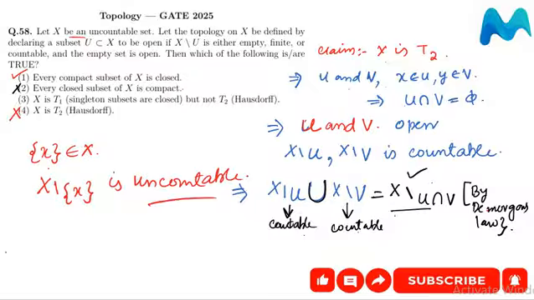So this is one logic. There is another logic, but always remember X is a T1 space. I hope you have understood it. Thank you.